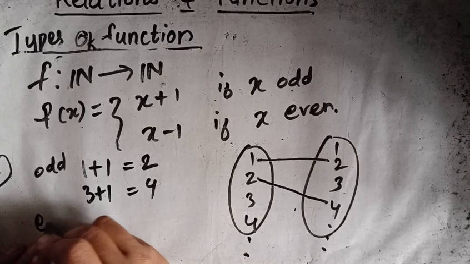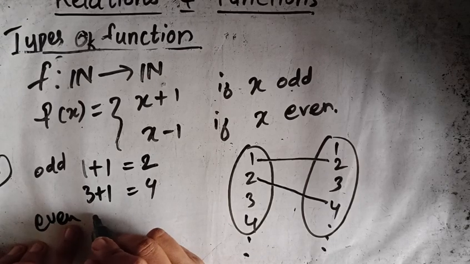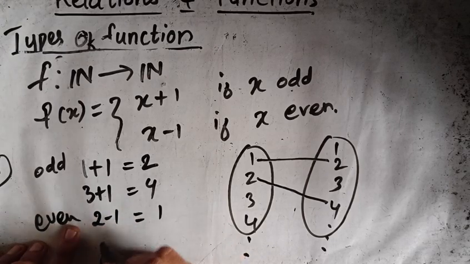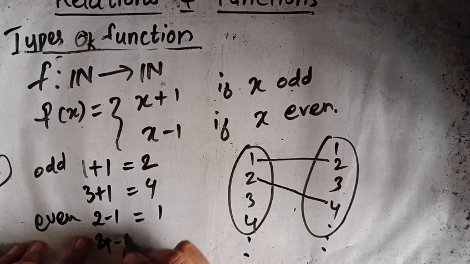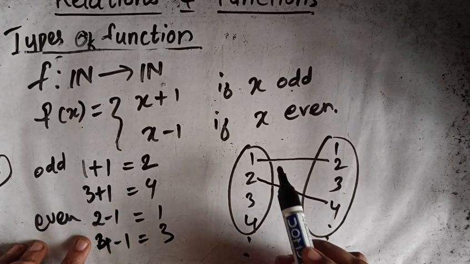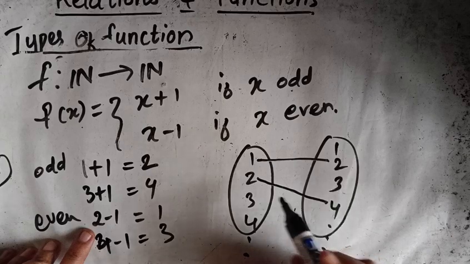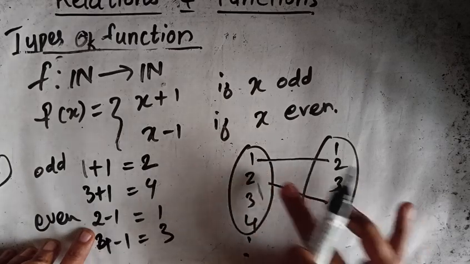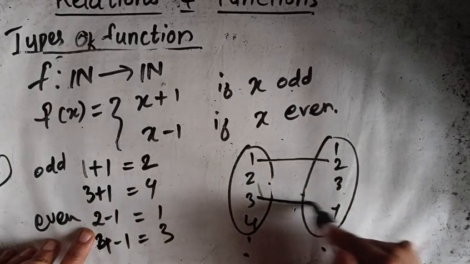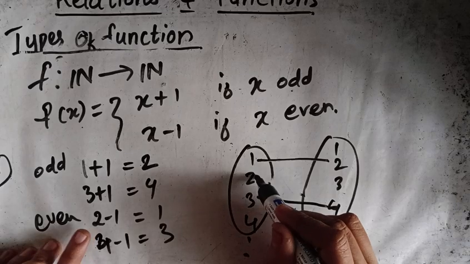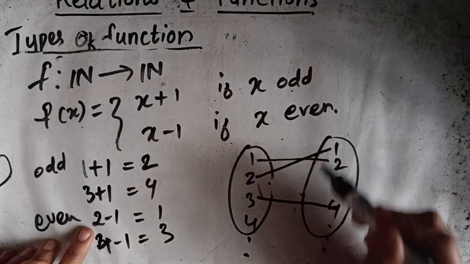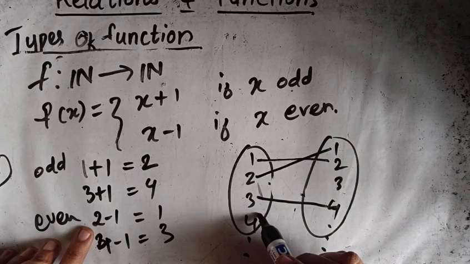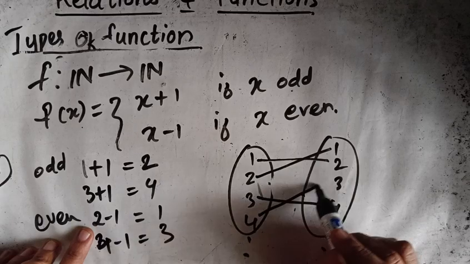Then if I take even numbers, 2 minus 1 is 1, 4 minus 1 is 3. So all even numbers are going to odd numbers.